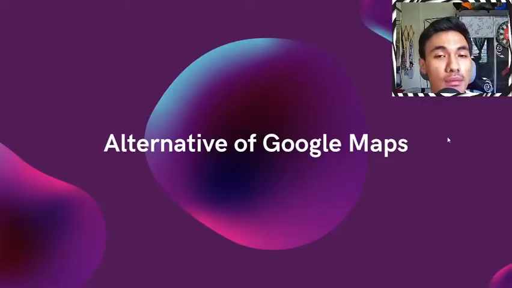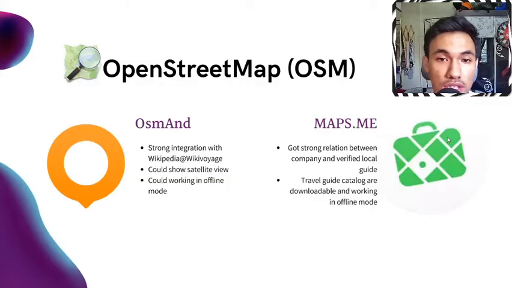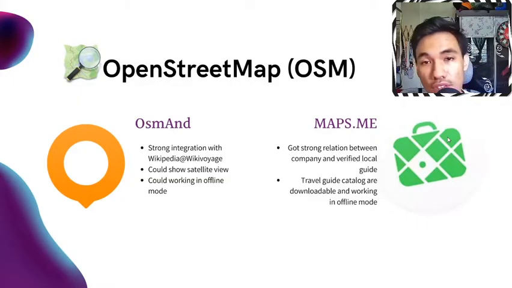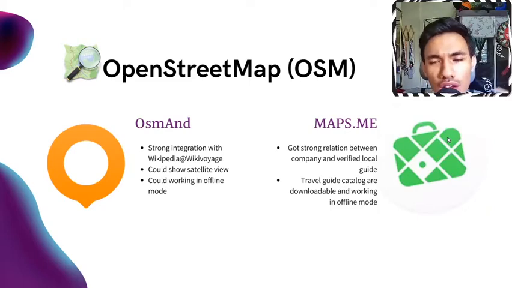There are some alternatives that we could use to replace Google Maps, which is OpenStreetMap, OSM. This is actually a collaborative project. A lot of products have been produced, if we refer to the OpenStreetMap wiki page, and here I list only two, which are the most popular ones. Firstly is OSMAnd and maps.me.